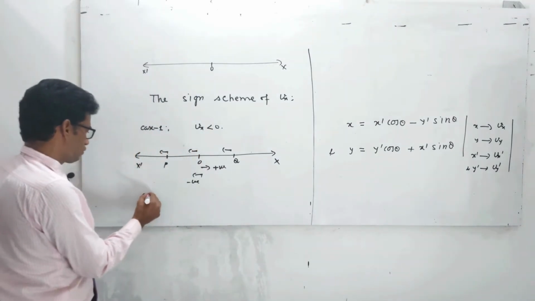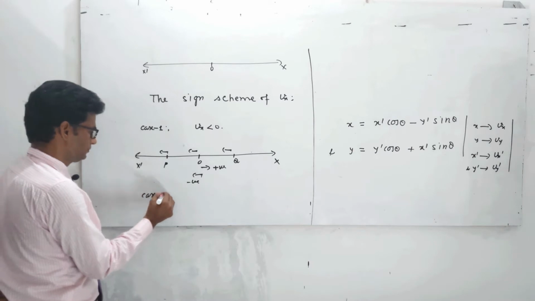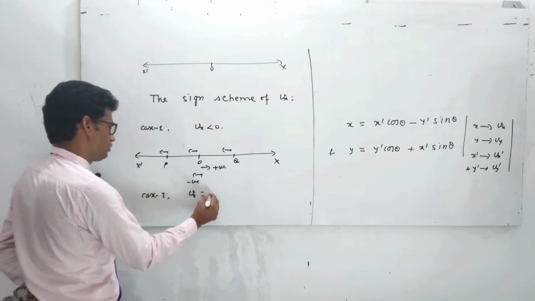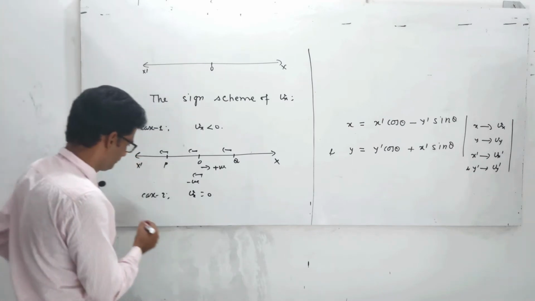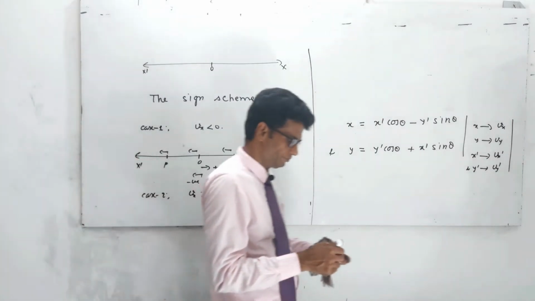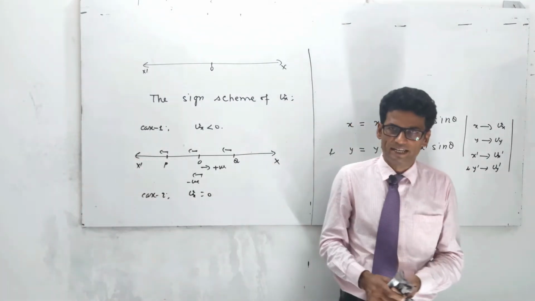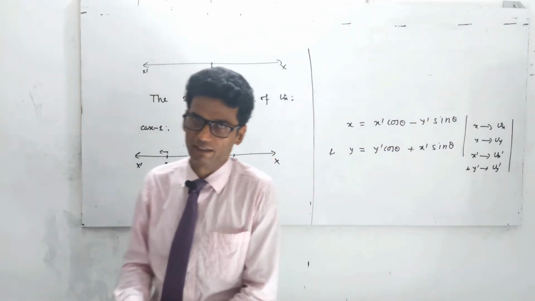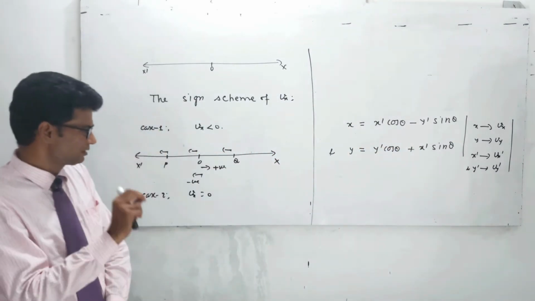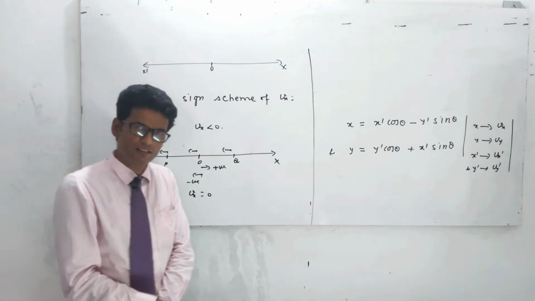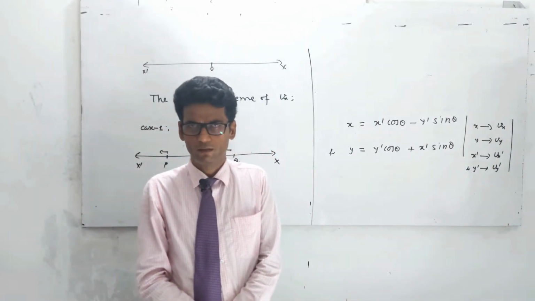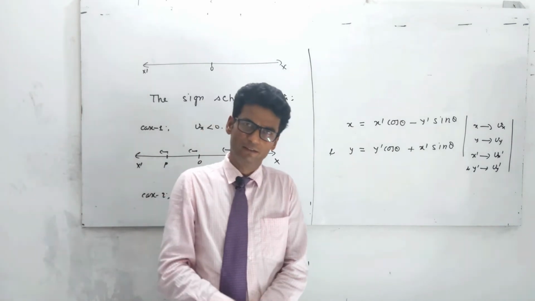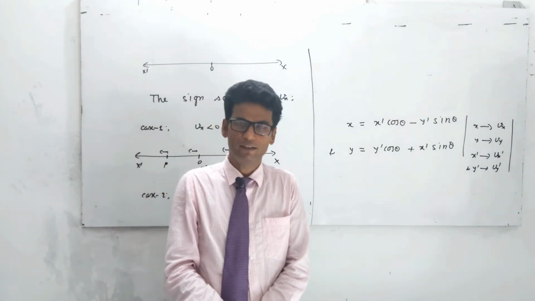So, here case 2, if vx is equal to 0, then what do we conclude? We conclude that the particle is at rest either momentarily or permanently. Why?